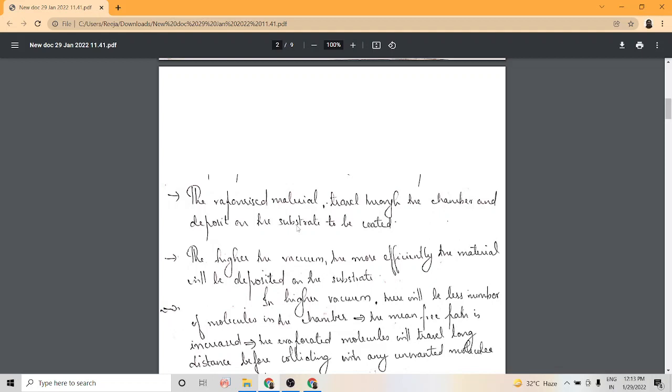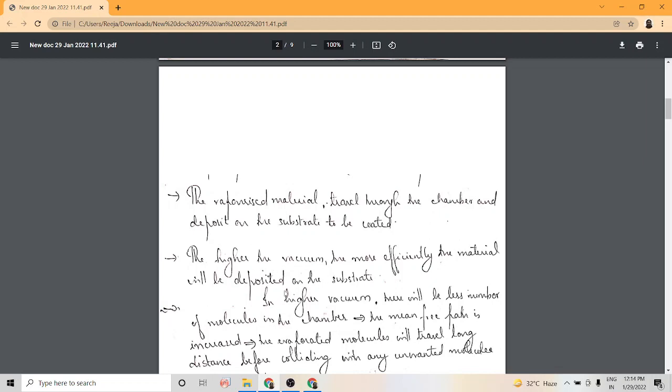Now, this entire process takes place in a vacuum chamber. The higher the vacuum or the better the vacuum, the more efficiently the material will be deposited on the substrate. If it is not carried out in a vacuum environment, then what is the difference?